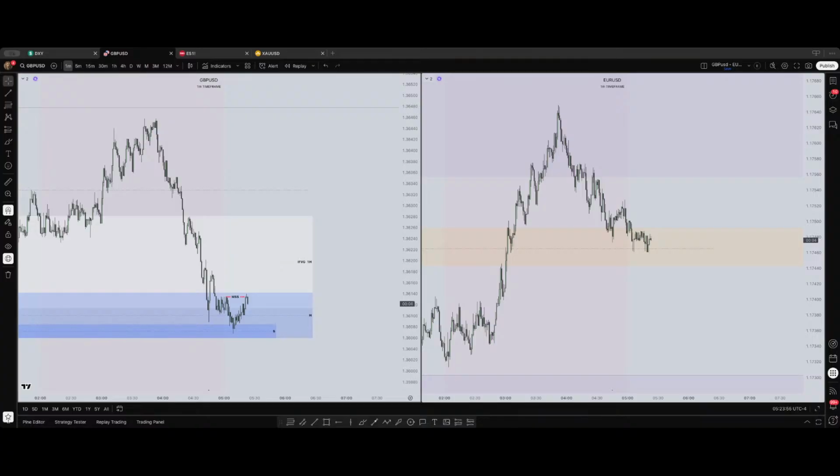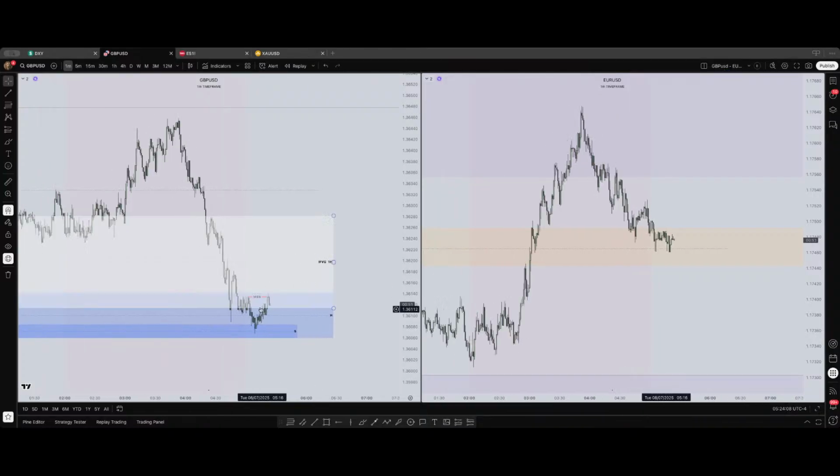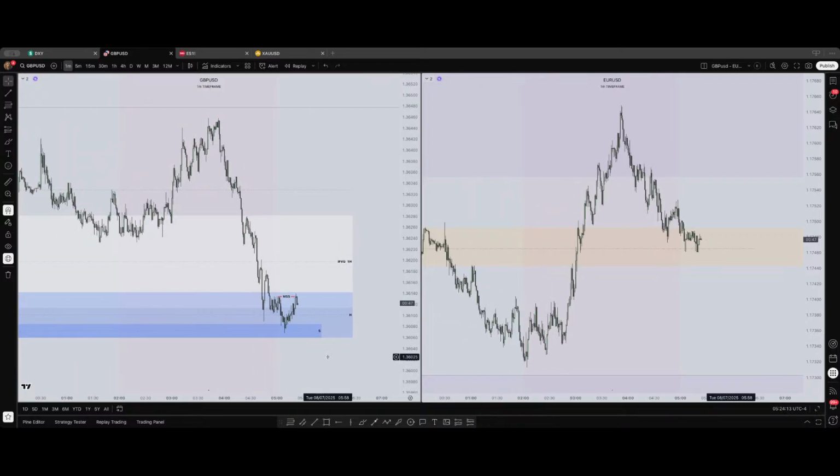We don't care so much about politics. I mean, it's very important, but at the end of the day, I don't look for interest rate cutting or whatever. I'm just checking the price action and the news, the time of the news.